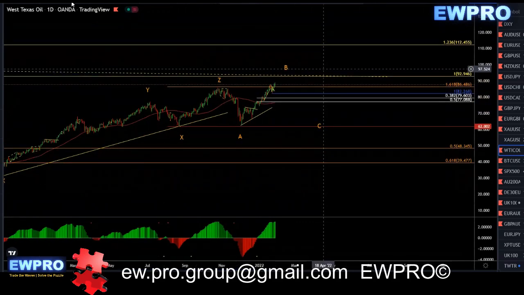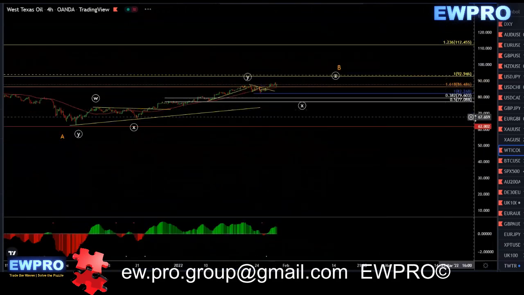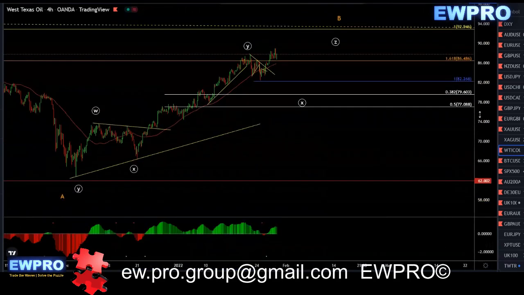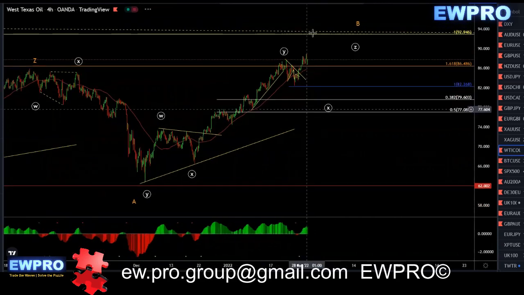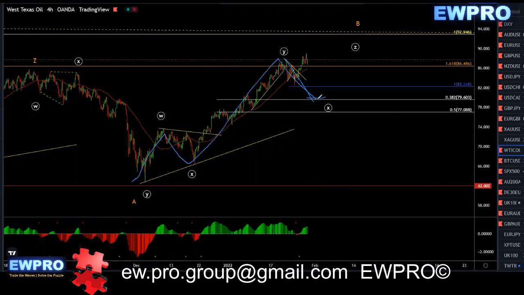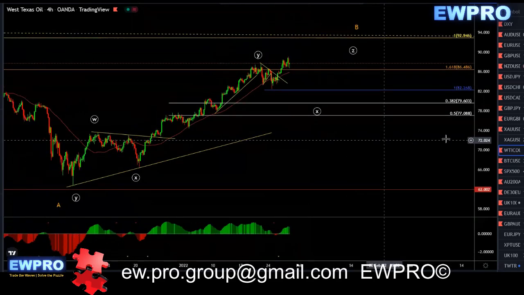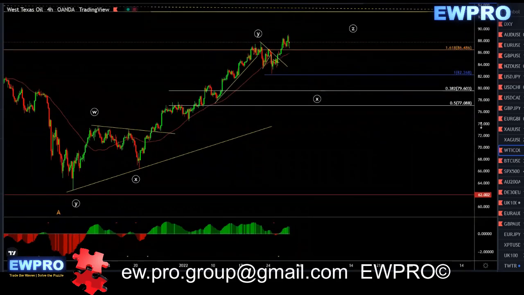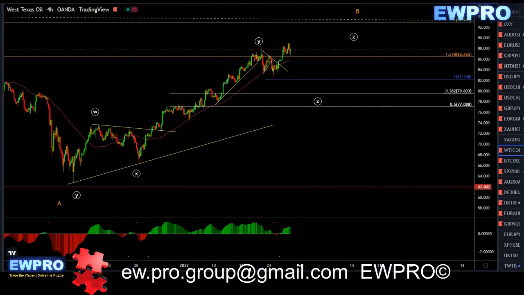So yeah, on the H4, last week we were looking for that correction down to the 38.2 for the WXY, give us that X2 and then a Z up. We did get across here, but it's not as large as this, so I'm looking at it as internal at this stage, unless this is an expanding flat in here.